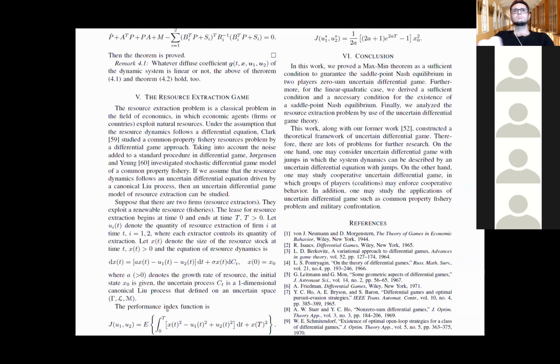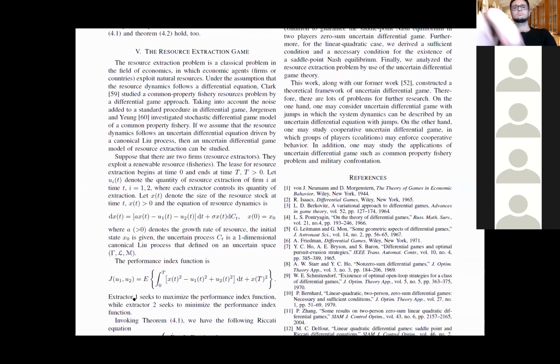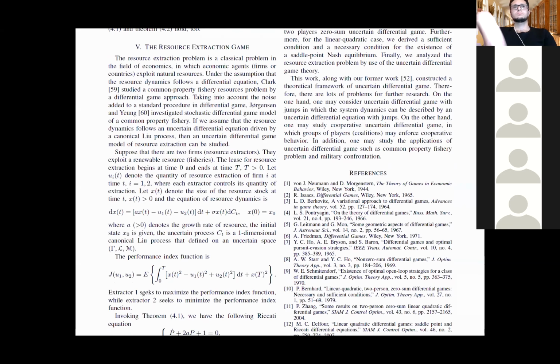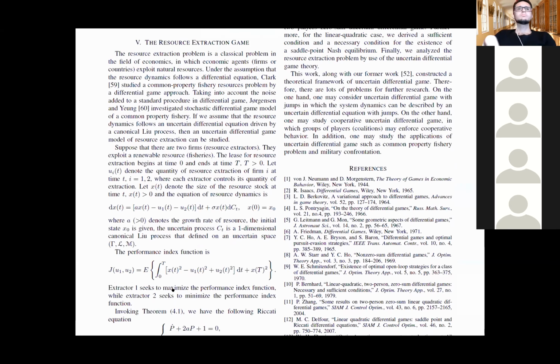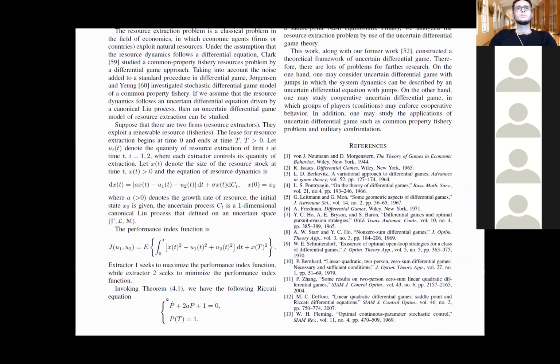The performance index function is given like this. Extractor 1 seeks to maximize the performance index function, while extractor 2 seeks to minimize the performance index function. They give the following Riccati equation.